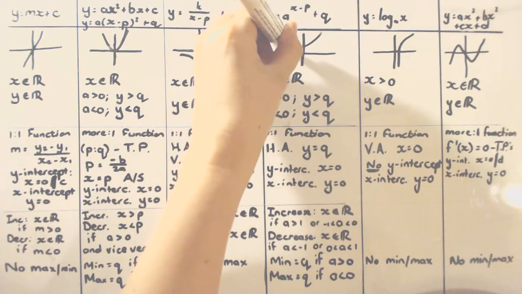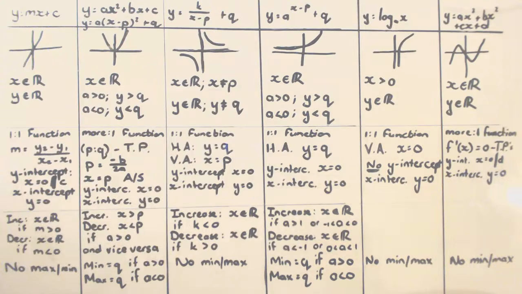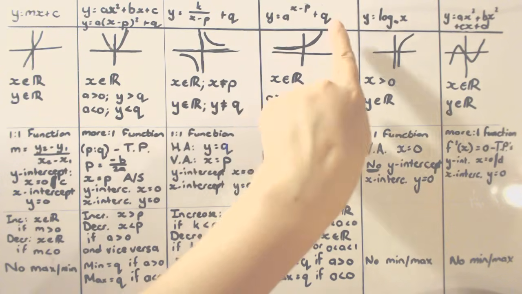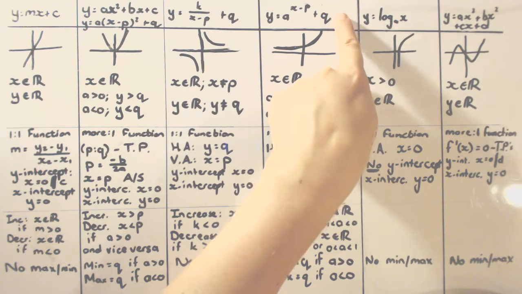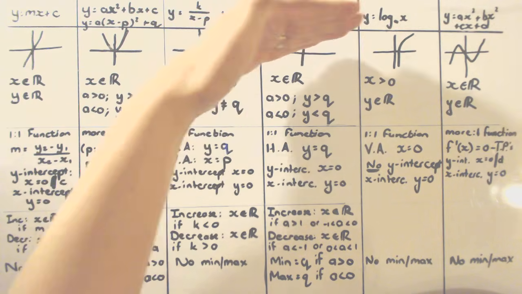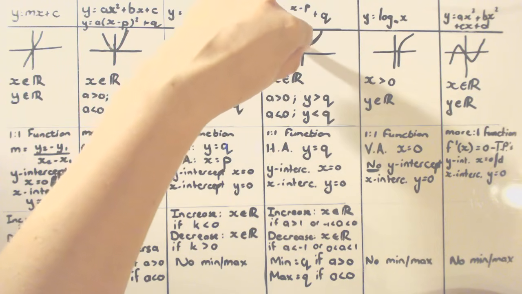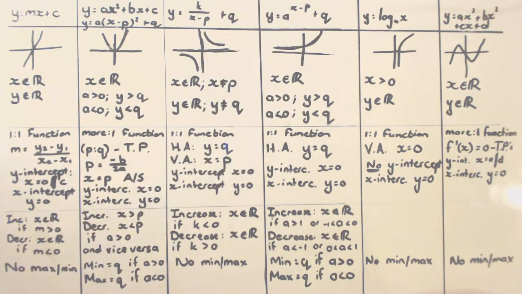Now for positive a values, my graph will always be above the horizontal asymptote. Even if it's bigger than 1, it looks like this, and if it's positive fractions, it just goes up that side and down that side.